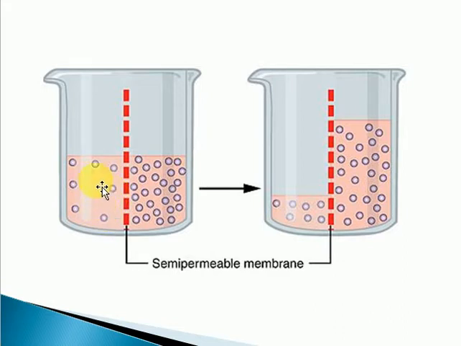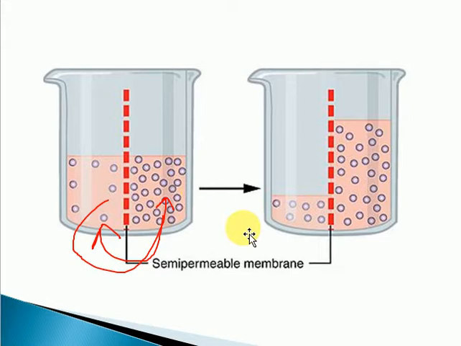So here it is a less concentrated solution, here it is a more concentrated solution. In order to reach equilibrium or to balance the solution on both sides, either the solute should move from this side to this side, or the solvent should move from this side to this side. Okay, one of the two processes must happen.